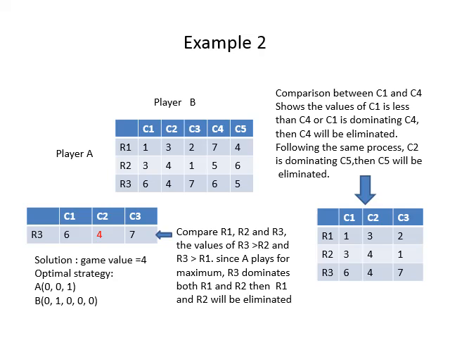Since A plays for maximum, R3 dominates both R1 and R2, because the values of R3 are more than the values of R1 and R2. Therefore, R1 and R2 will be deleted.